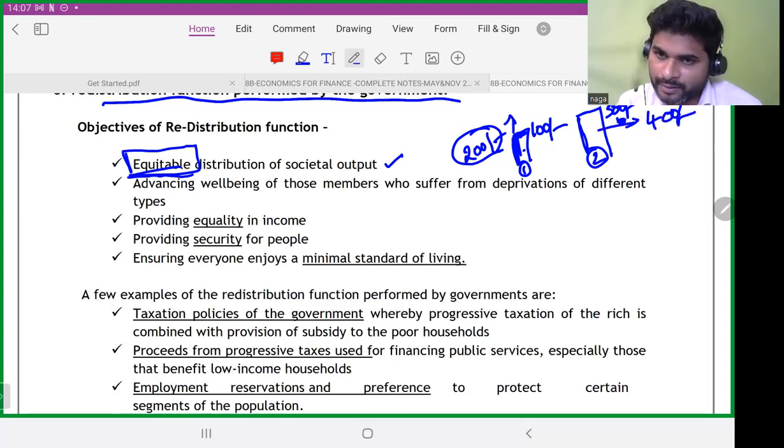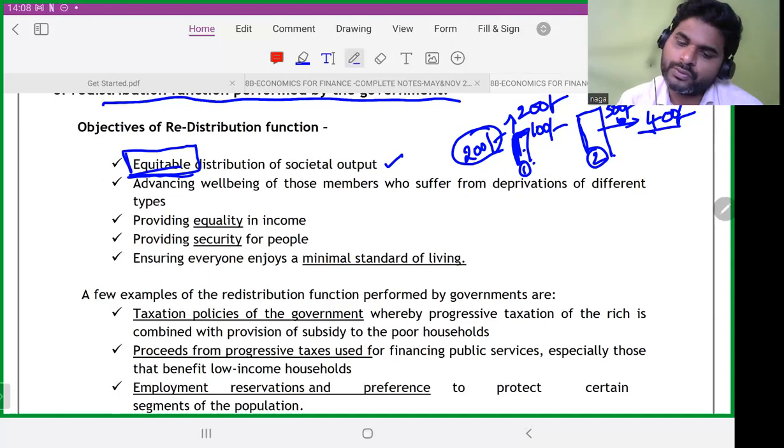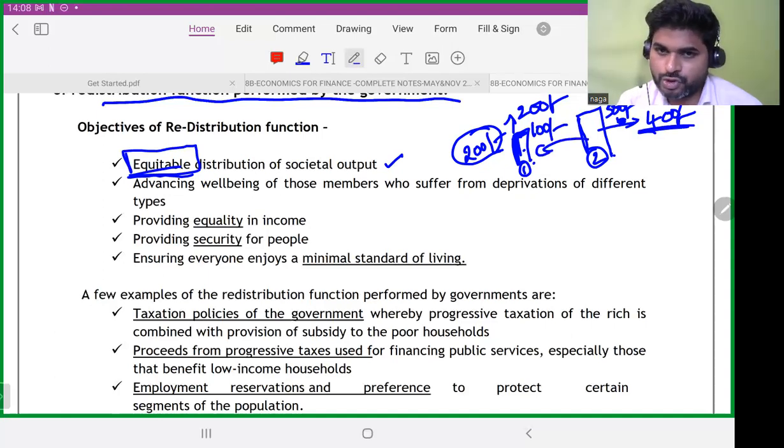So person 2 is still doing well, but by providing this 100 rupees to person 1, we are ensuring distribution of output. Someone who earns a lot does so using the factors of production, with the government providing electricity and everything. So you take that 100 rupees and distribute it to a poor person. This is how equitable distribution happens.